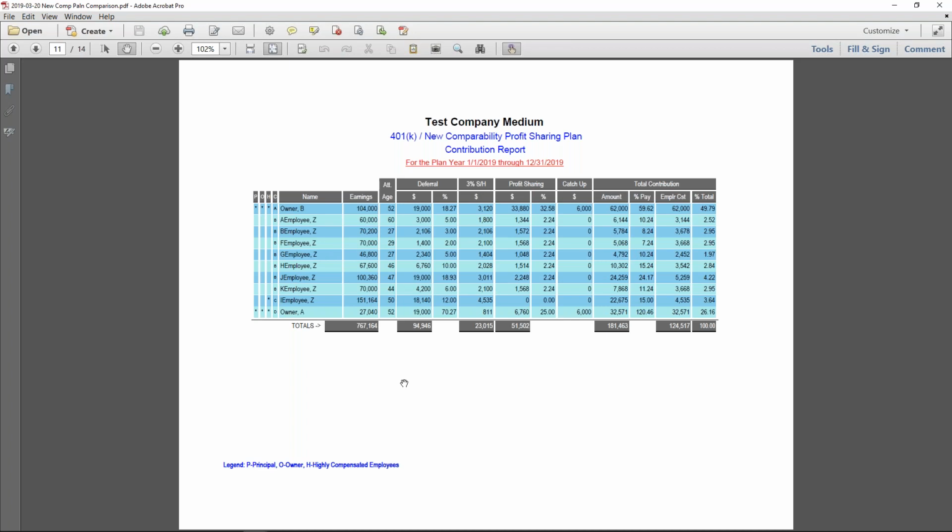So it's actually possible under these plan designs to get more than what they make into the profit sharing plan.